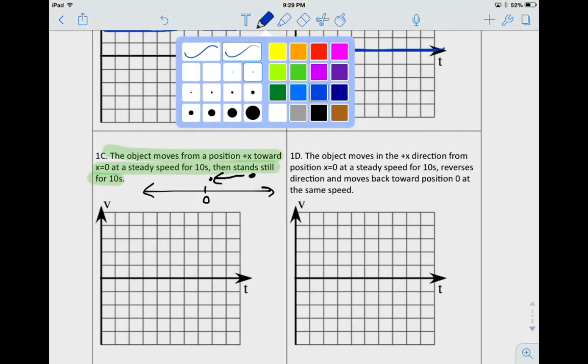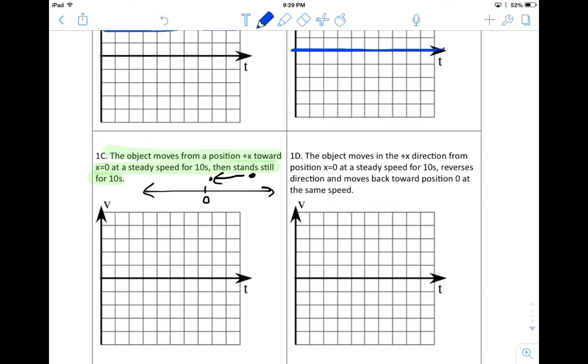So when I draw this on my graph, this part here, that's a negative velocity. So I'm going to need a line down here that's a negative velocity. And basically it says the first half is going to be that negative velocity, and the second half is it stands still, right?